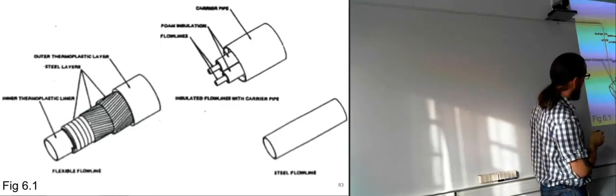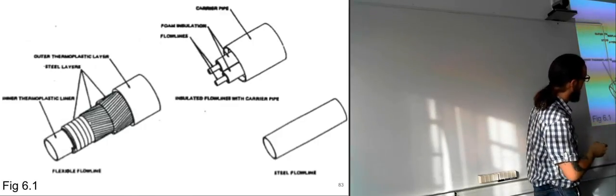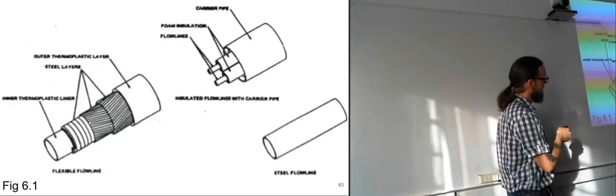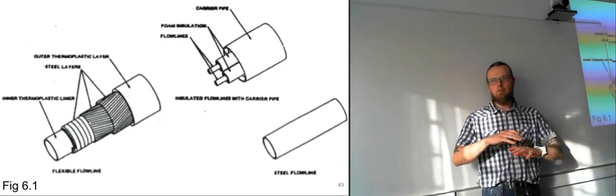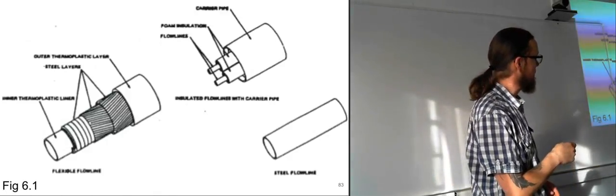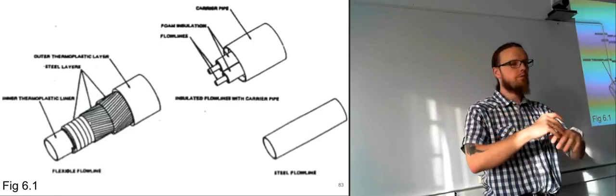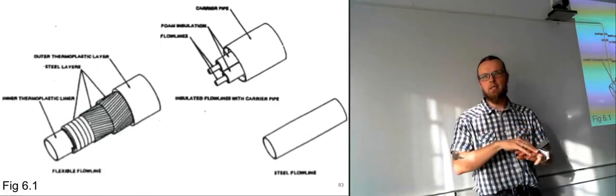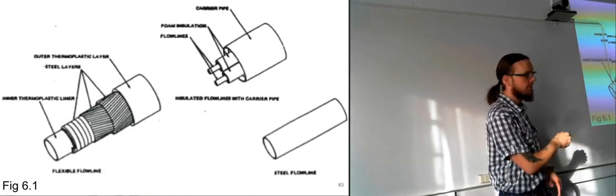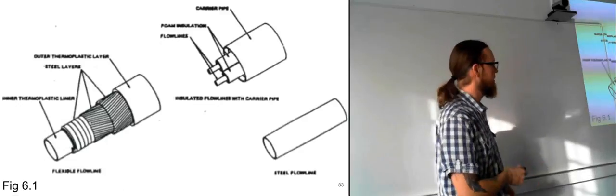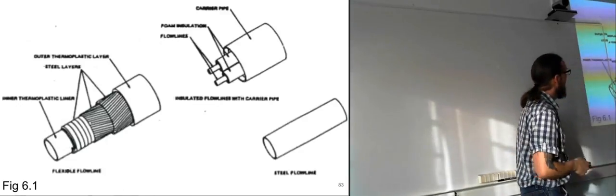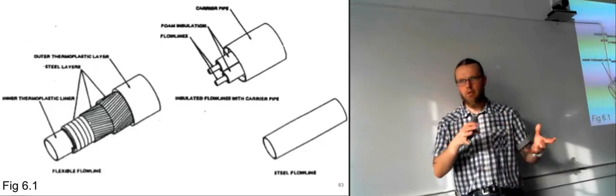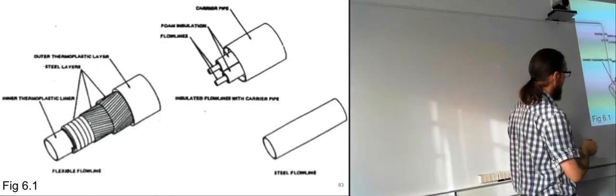It has different layers of steel fibers going across each other in different directions, and this gives it a lot of strength, and it also gives it the possibility of moving a lot, because these fibers can move in relation to each other, but they will still keep their strength because they are crossing each other at different angles. So the strength is still there, but it is much more movable. And then you have a top coating, a plastic layer on the outside, keeping those in.